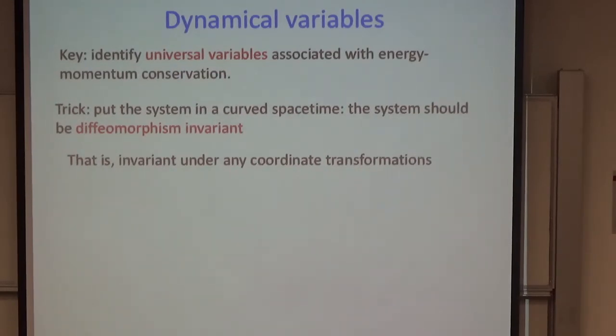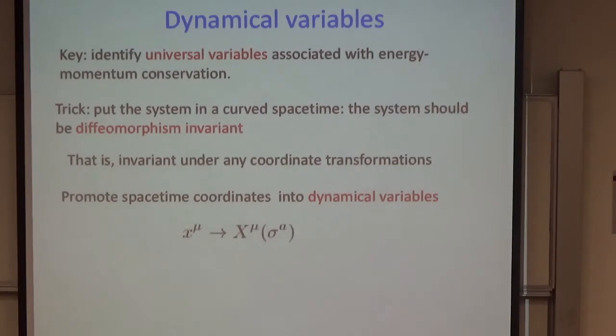Okay. So now to capture this using some dynamical variable, there's a simple mathematical trick. You can just promote the spacetime coordinates into dynamical variables. Previously you had these spacetime coordinates, and now I promote them into dynamical variables. And now that they become dynamical variables, I have to integrate over them in my path integral.